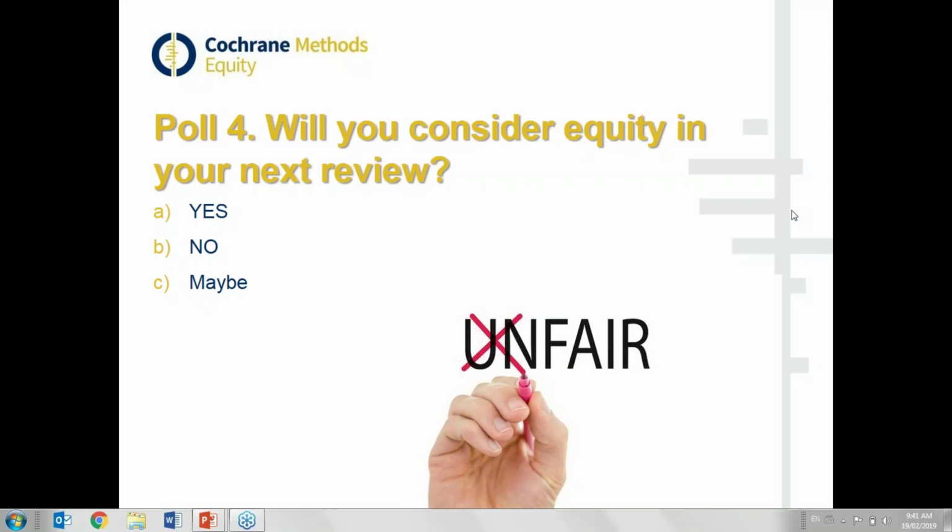The Gini index and the concentration index are tools used to look at distribution of income inequality. When we started the equity methods group, one of our ideas was to think about how you measure inequities and how you could use things like that in a systematic review.